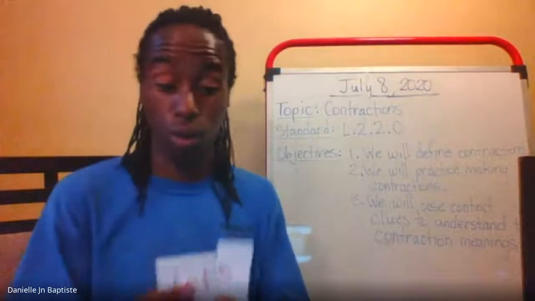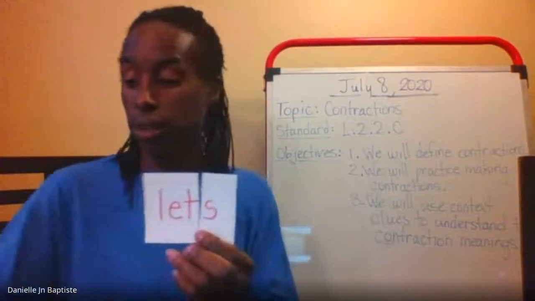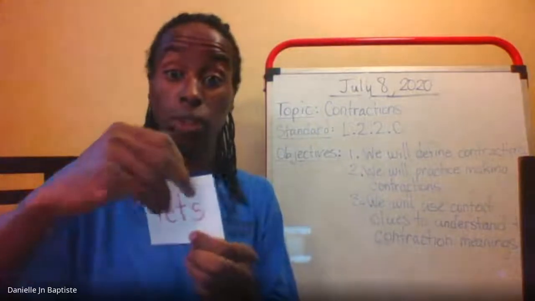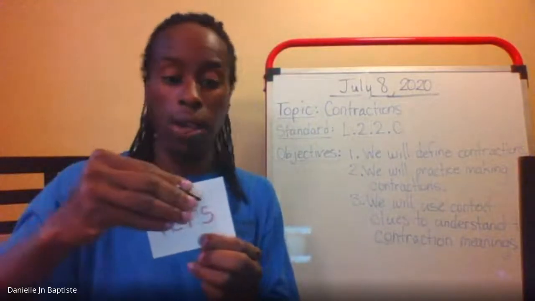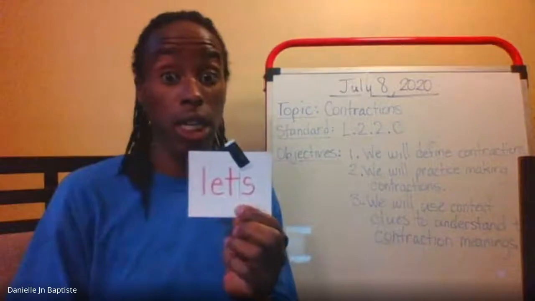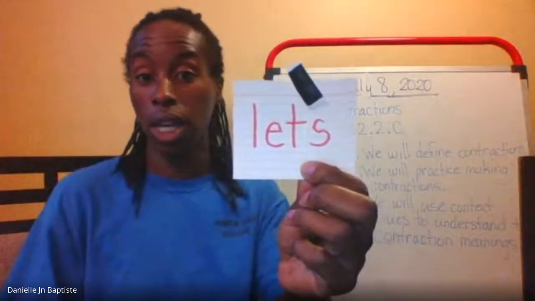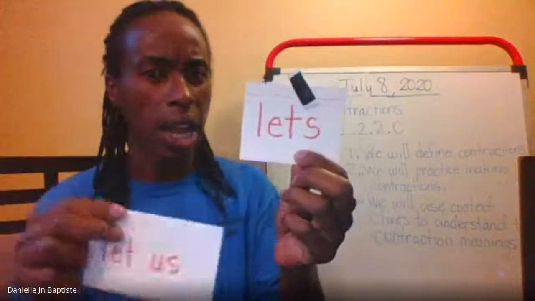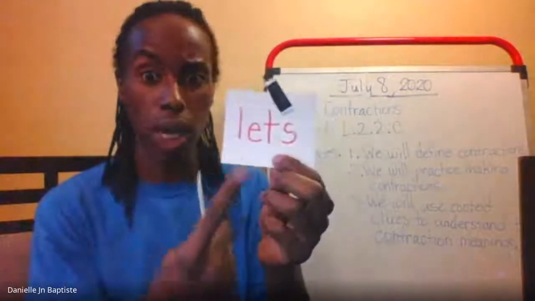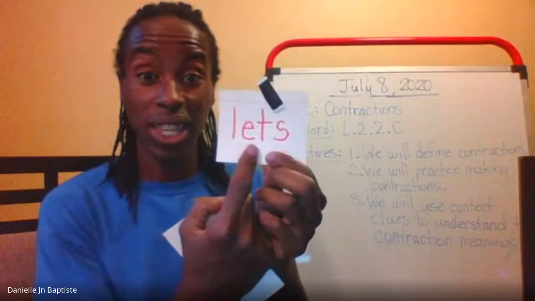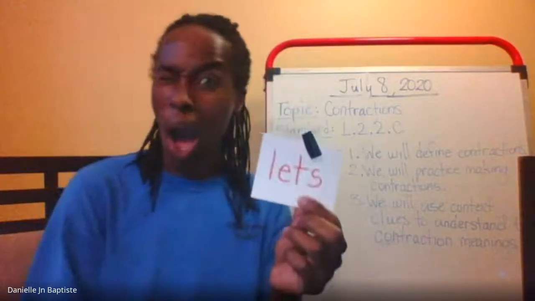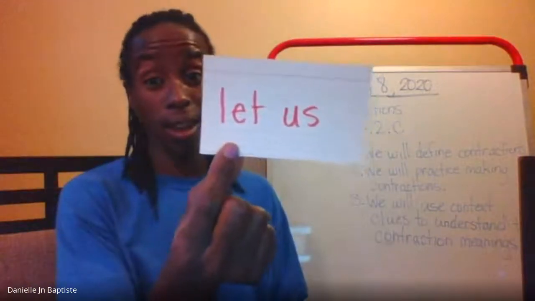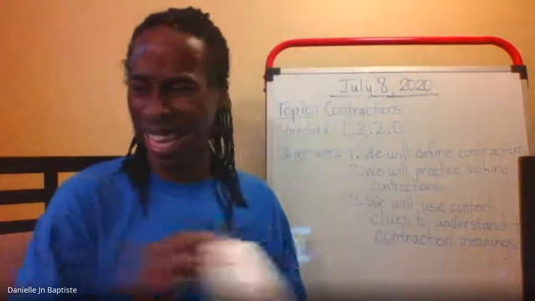I want you to read it. And don't forget, we need that apostrophe. It's necessary. Without that apostrophe, it's not a contraction. It was let us. But now it's what? Read it. Let's. Let's means let us.